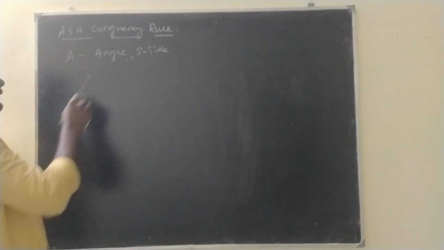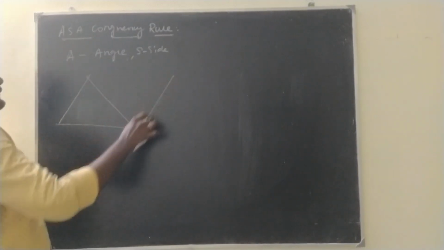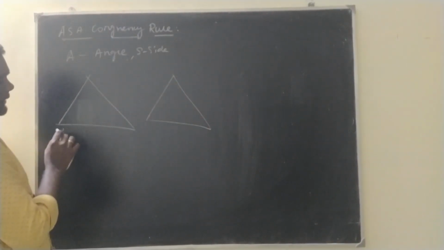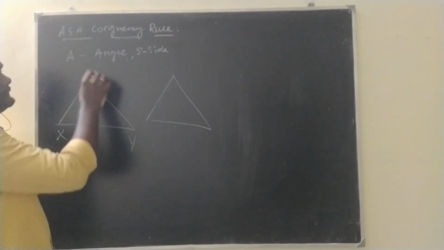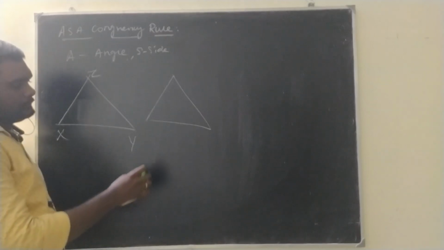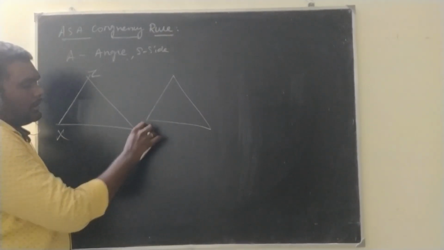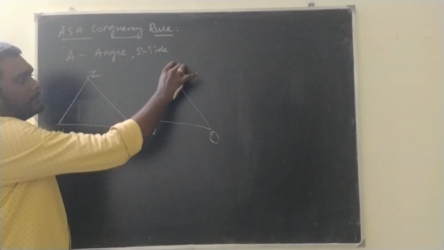So, for example, take two triangles XYZ and NOP.